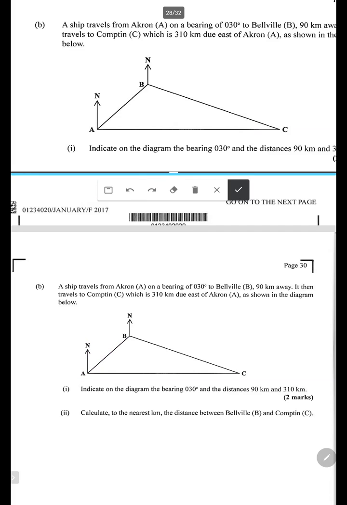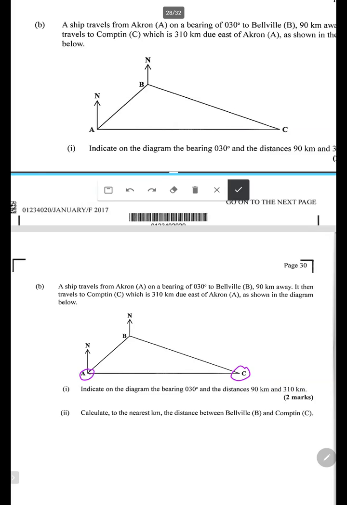All right, the bearing from A to B is 030 degrees, and it is 90 kilometers away. And then now it travels to C, which is 310 kilometers due east of A. So this point is 310 kilometers due east.